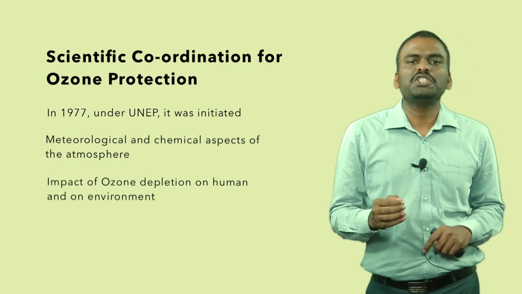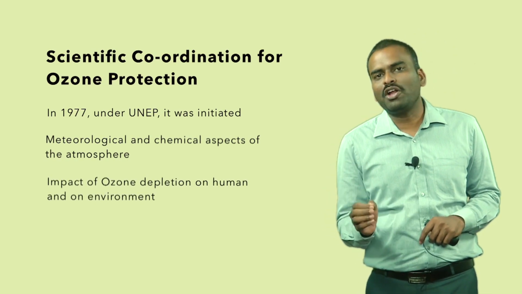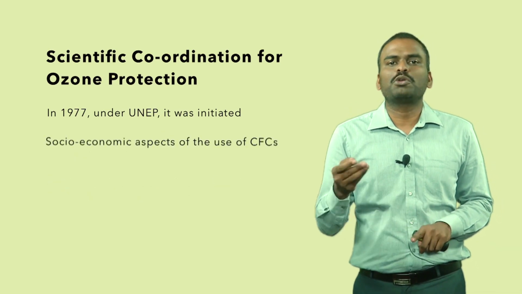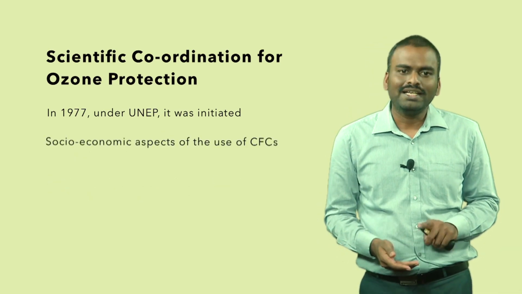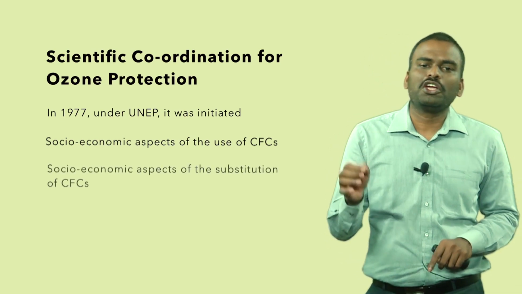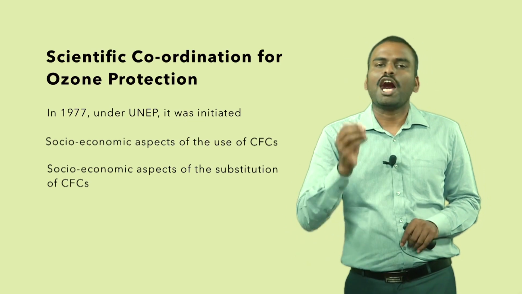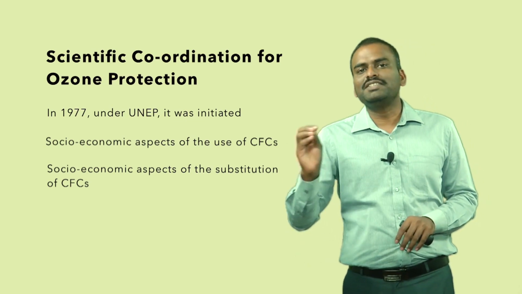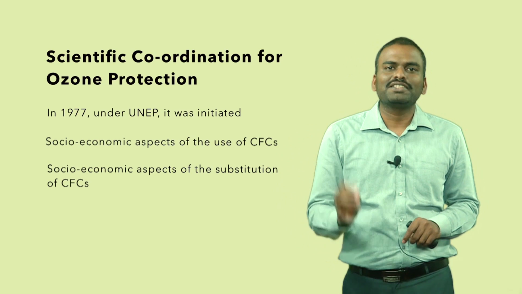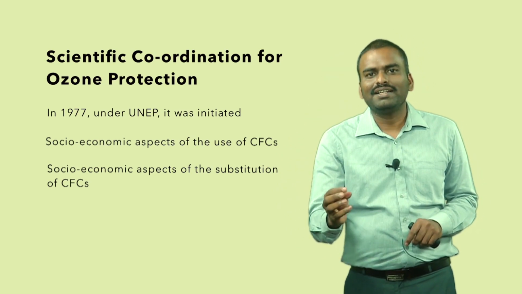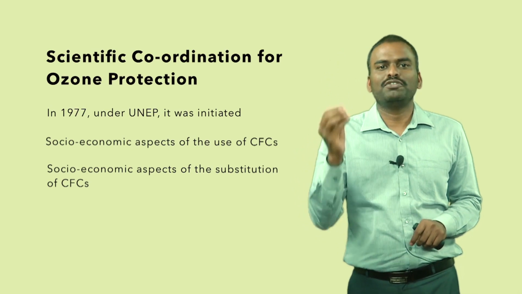Impact of ozone depletion on humans and other environmental components will be studied. Socio-economic aspects of chlorofluorocarbons will be studied. Then the fourth one is the socio-economic aspect of the substitution of chlorofluorocarbons, how far it is possible, whether it is viable. These aspects were initiated at the global level to understand the ozone depletion at first.